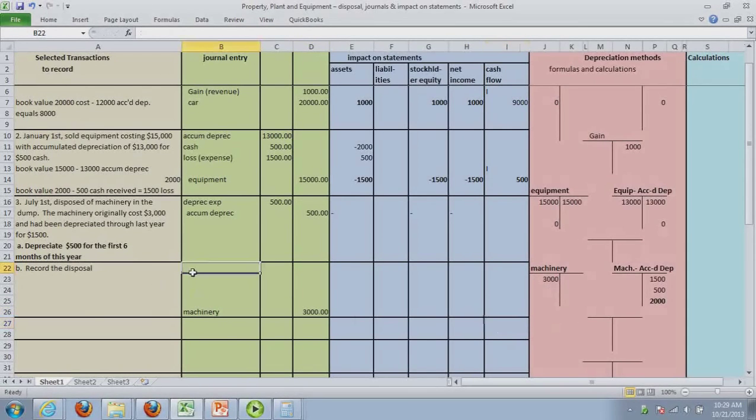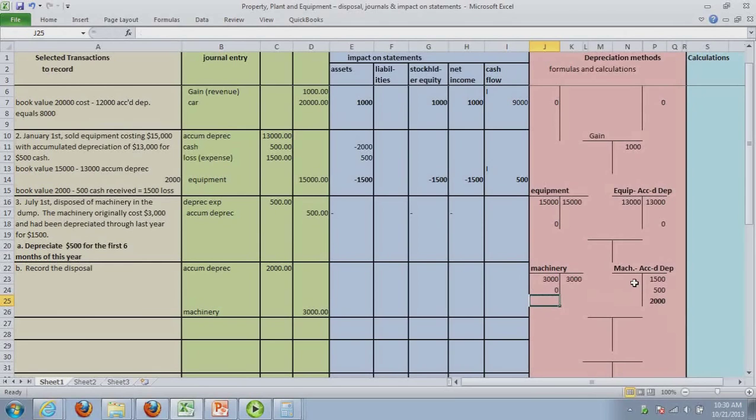And to get rid of the contra account, which has a credit balance, I'm going to have to do the opposite and debit that. And I should be putting dash machinery, but there's not much space, so I'll just do that. Okay, so accumulated depreciation is $2,000. So when I post that, machinery goes away, hopefully, got on the right side. Now we have 0.